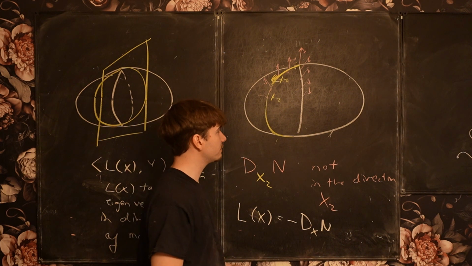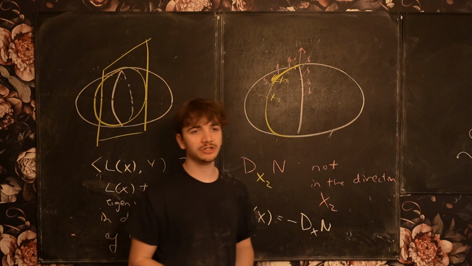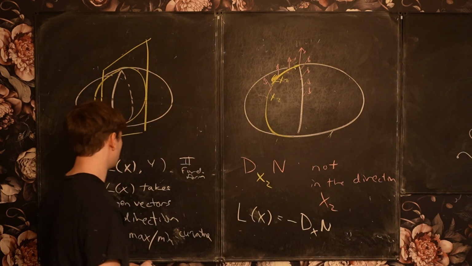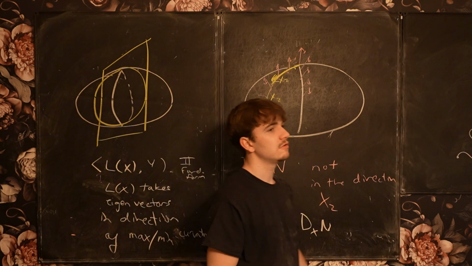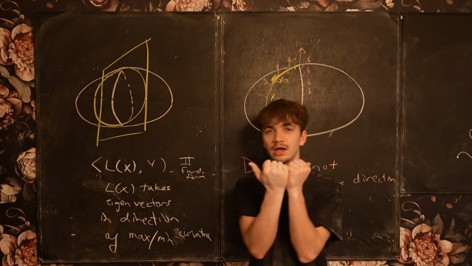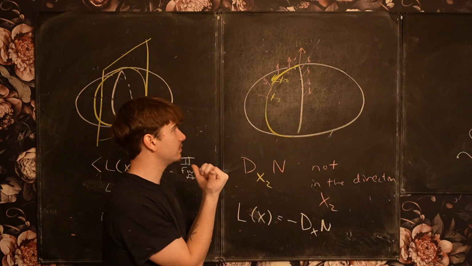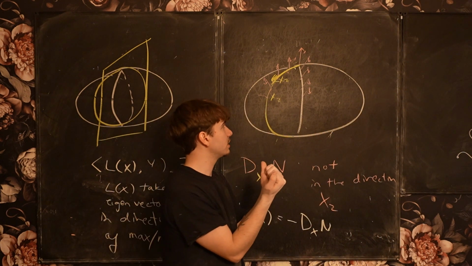And because the Gaussian curvature is the determinant of this map, you can view it as the area formed by the two eigenvectors, okay?